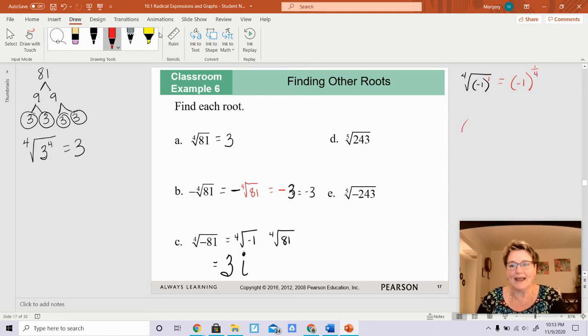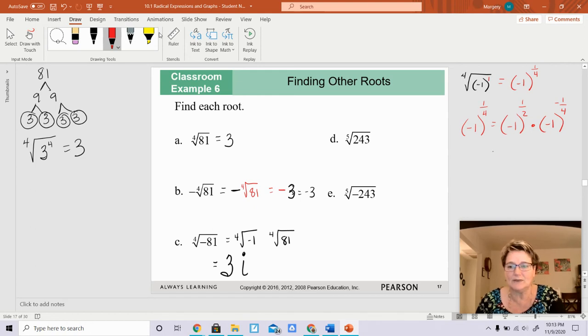So if I have -1 to the 1/4 power, I can rewrite it as -1 to the 1/2 power times -1 to the -1/4 power. And when I did this math, remember when you multiply powers, you add the exponents. So when I add 1/2 plus a -1/4, I actually get 1/4.